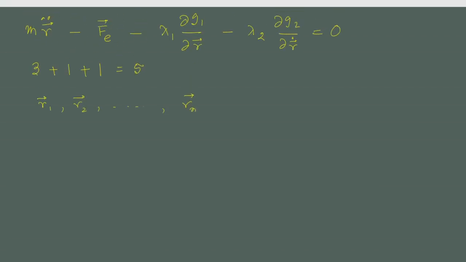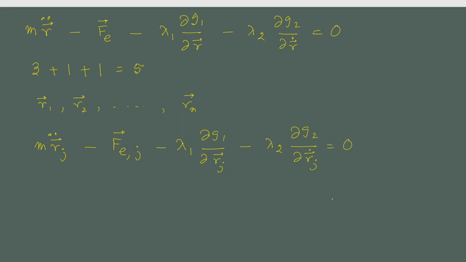If we have just two constraints, then for the jth particle we should be able to write the external force acting on the jth particle, then we have lambda 1 del g1 del rj minus lambda 2 del g2 del r.